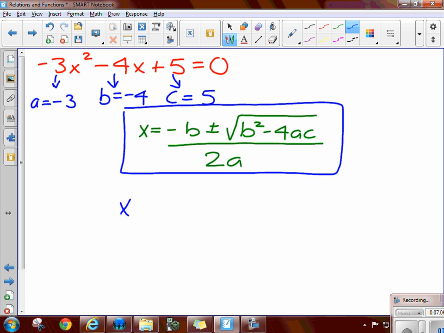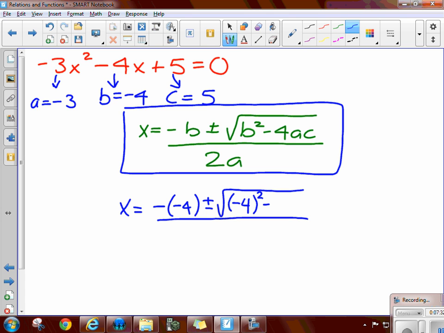So we start with x equals, it says negative b, so I put a negative sign, and then I look at b, well that's negative 4, so this is actually a negative 4, and that's important to have those brackets. Plus or minus, now we look at the b, again that's a negative 4 in brackets squared, and you have to remember that those brackets are critical, especially when we have a power of 2.